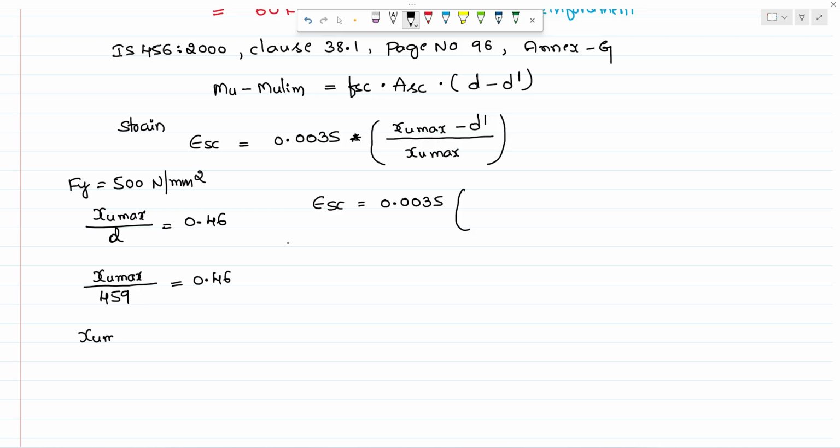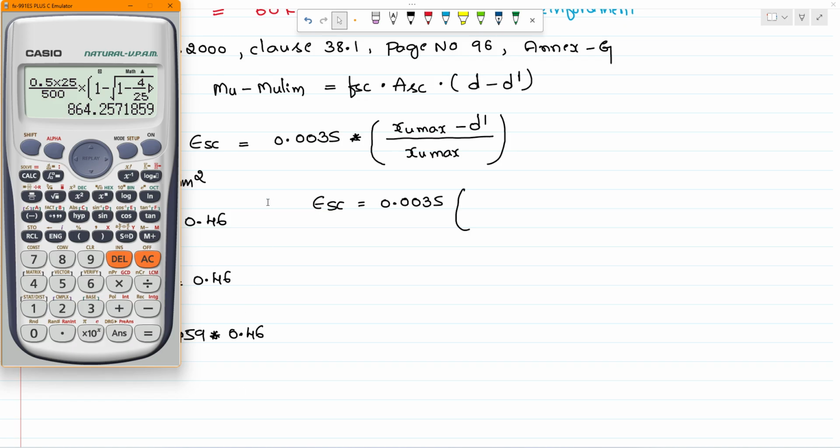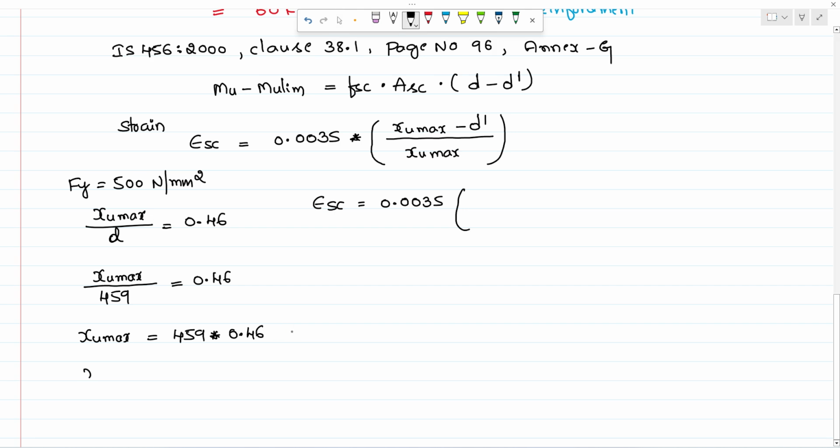So Xu max equals 459 multiplied by 0.46, which is nearly equal to 211 millimeters. So Xu max is 211 minus d dash.